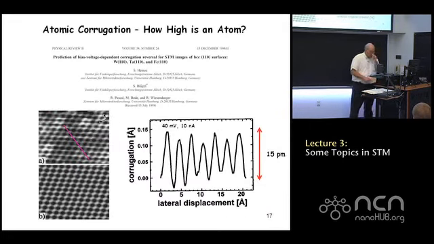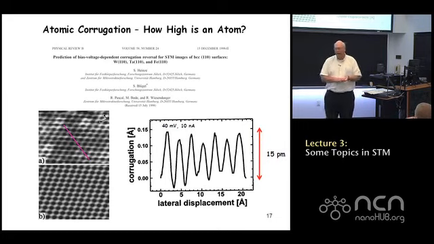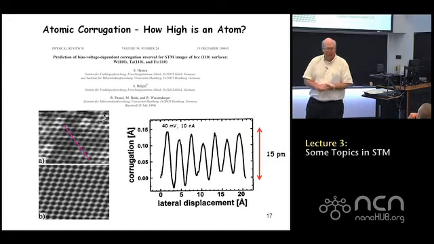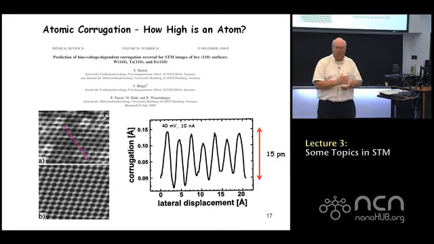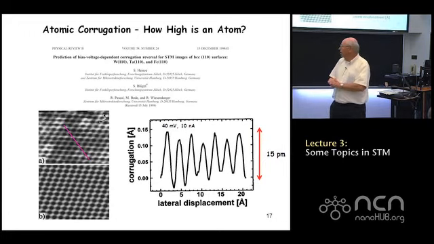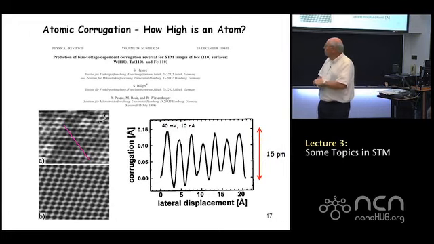Another topic I wanted to talk about is how high is an atom in scanning tunneling microscopy? It's kind of an interesting question. Everybody in the early days was just excited that you could see atomic periodicity of the substrate atoms with an STM.